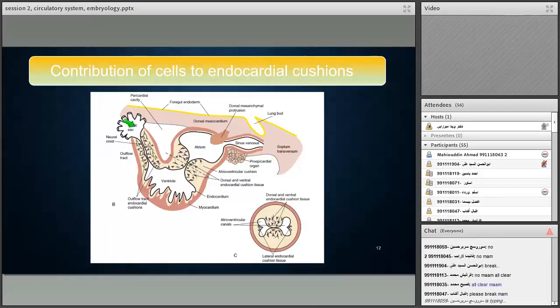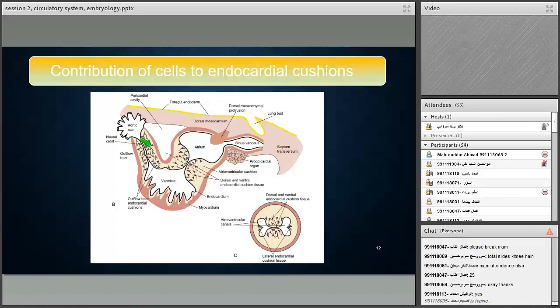This is the aortic sac. Listen please. We can see the dorsal mesocardium and also the primitive cavity. This is the transverse sinus. Do you remember? This is the transverse sinus. The endocardial cushions here. This is the aortic sinus.